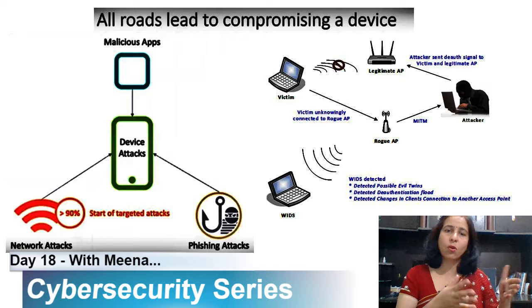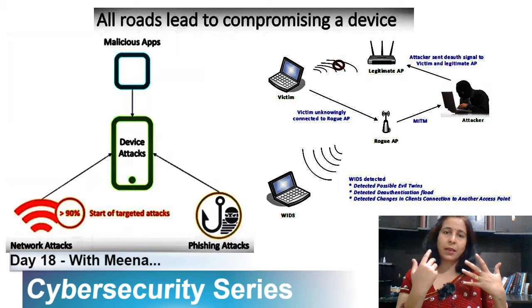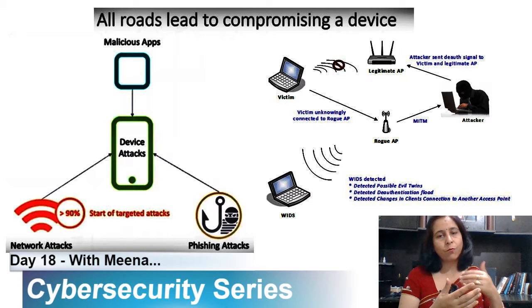Via a rogue access point, and you will connect to it. Generally more than 90% of attacks happen due to rogue access points they are planting. If they are targeting a company or a person, the victim connects to a particular access point, but that is the attacker's access point.